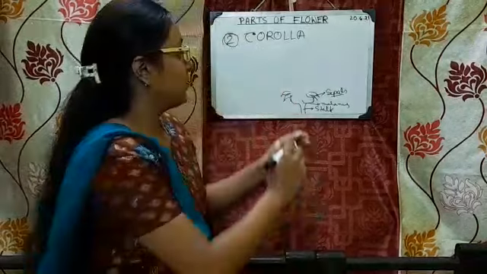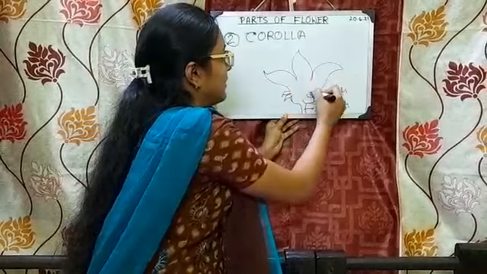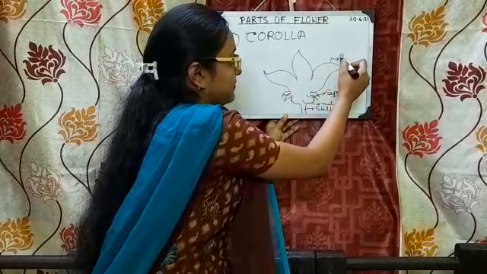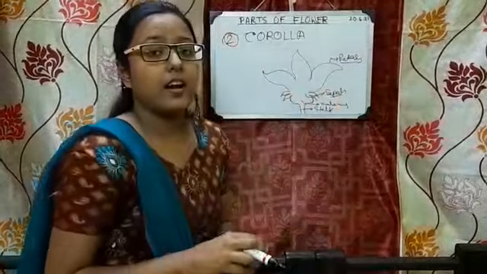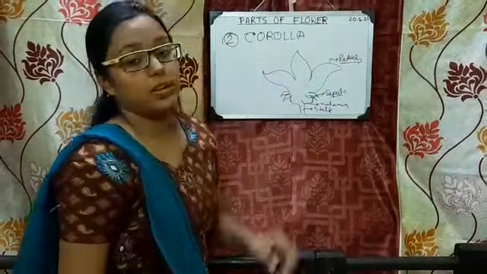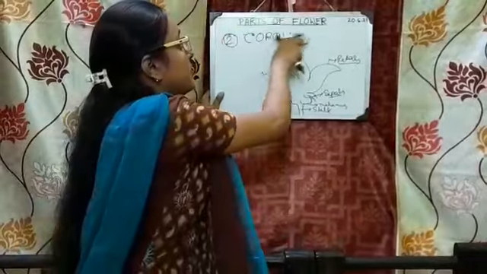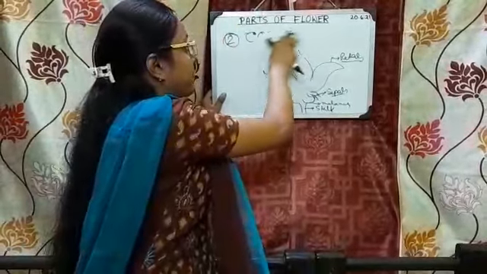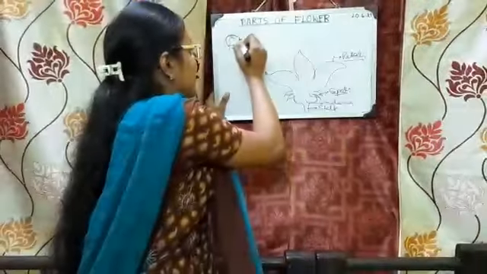Okay, now these are petals, but the petals are together called corolla. Now the third whorl. The third whorl is androecium, which is the male reproductive part of a plant.